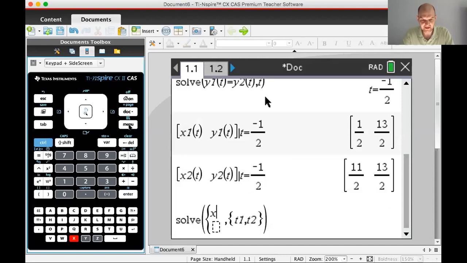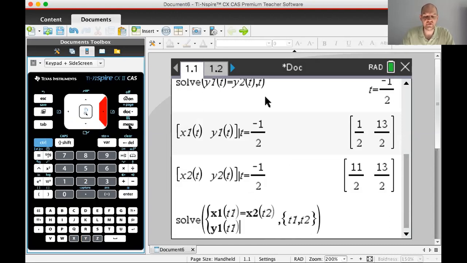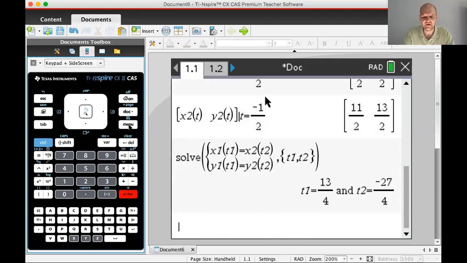It's going to be x1 of t1 equals x2 of t2, and y1 of t1 equals y2 of t2. t1 and t2 are called dummy variables because they both represent time, but they'll be different because we can't use the same time both times, since we already know we would not get a solution. So 13/4 and negative 27/4. t1 is 13/4. t2 is negative 27/4.